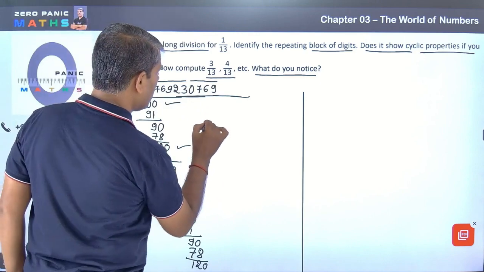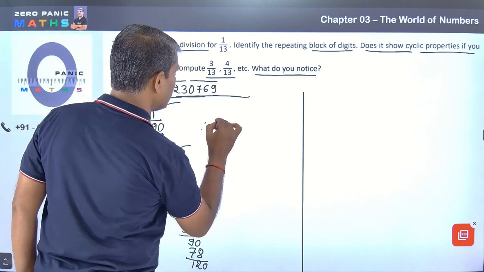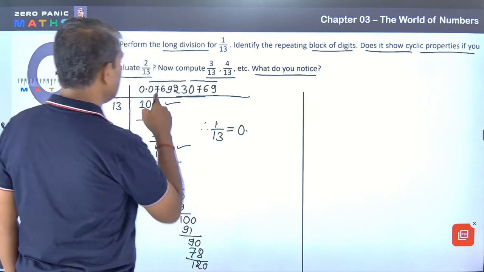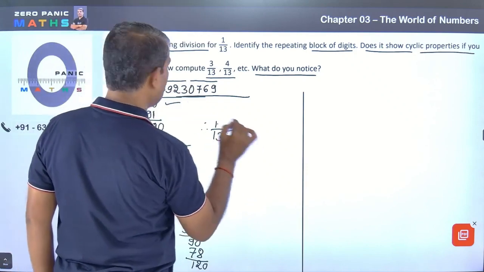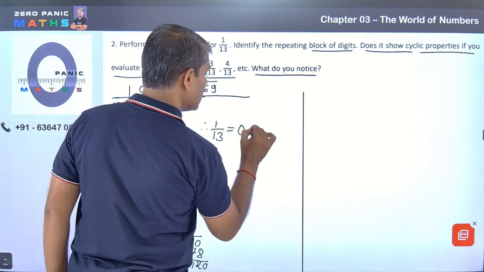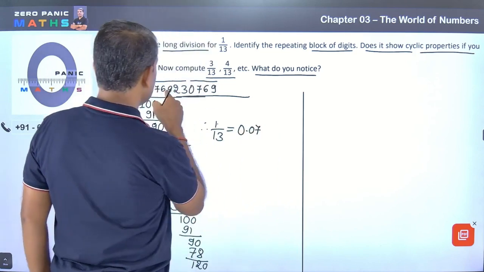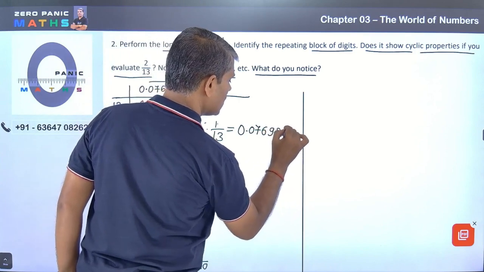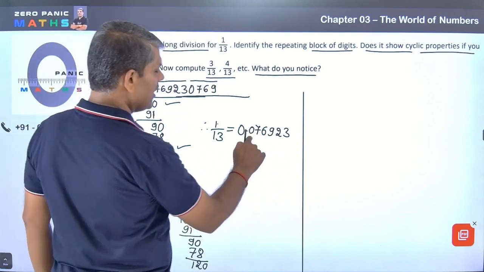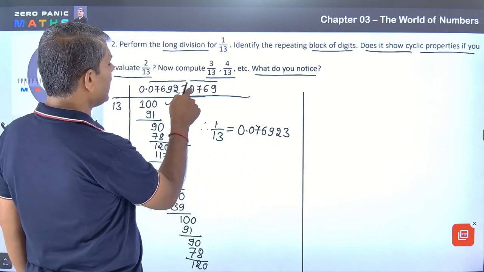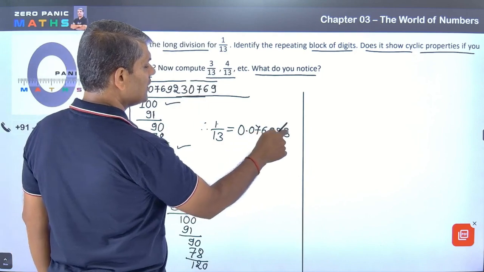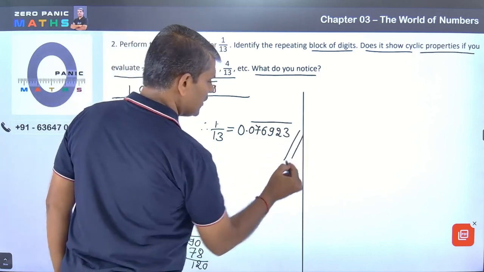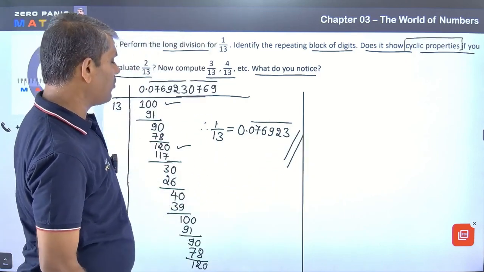So therefore you can say 1 by 13 gives you the repeating pattern 0.076923 076923. How many digits are there? 6 digits. And from here onwards again 0769, you see that 2 3, and this is the repeating one. So now you see what is cyclic property.